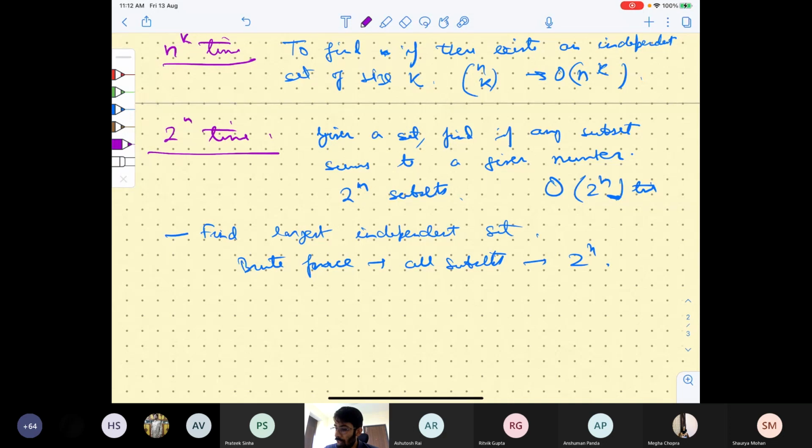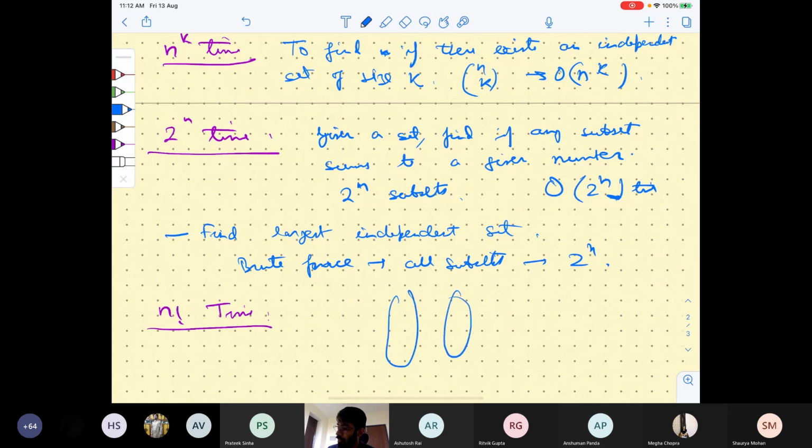And then we have n factorial time. Finally, and I don't think we'll be going above n factorial in this course. Even n factorial, I don't think, or maybe we'll see.